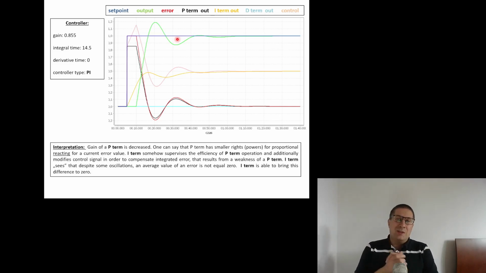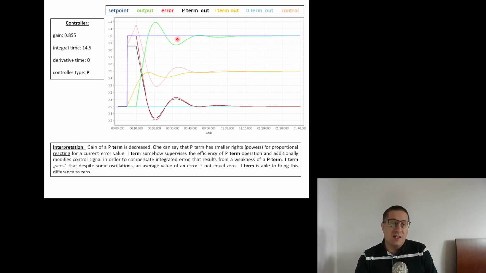So the integral term sees that despite some oscillations, the average value of the error is not equal to 0. So the I term is able to bring this difference to 0.